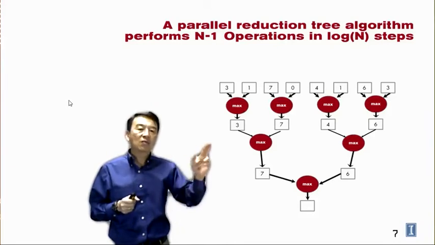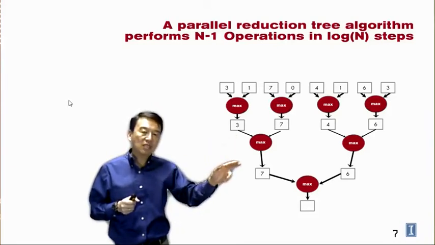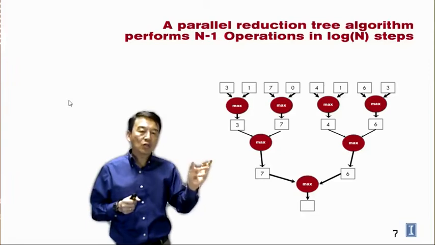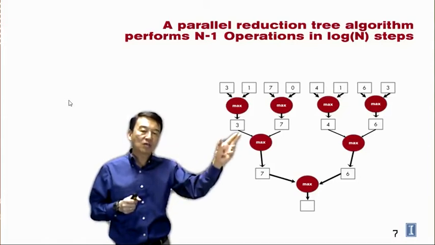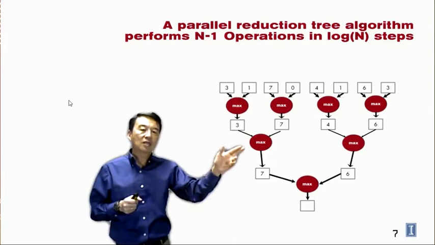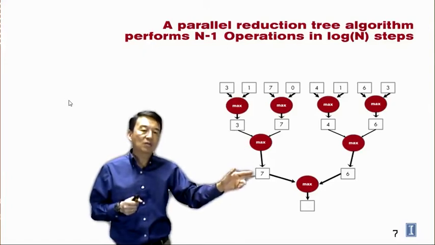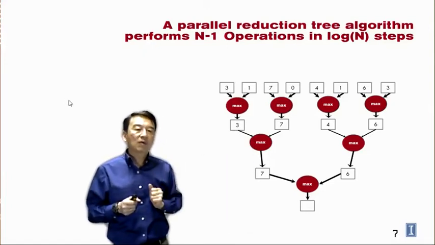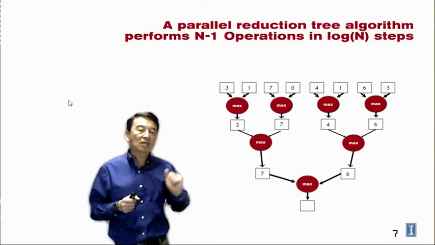And then we can do the next iteration. We can do the reduction operation on 2 of these intermediate results. So now we can compare 3 and 7, and the max value between this pair is going to be 7. And we do the same thing for 4 and 6, and we get 6 there.